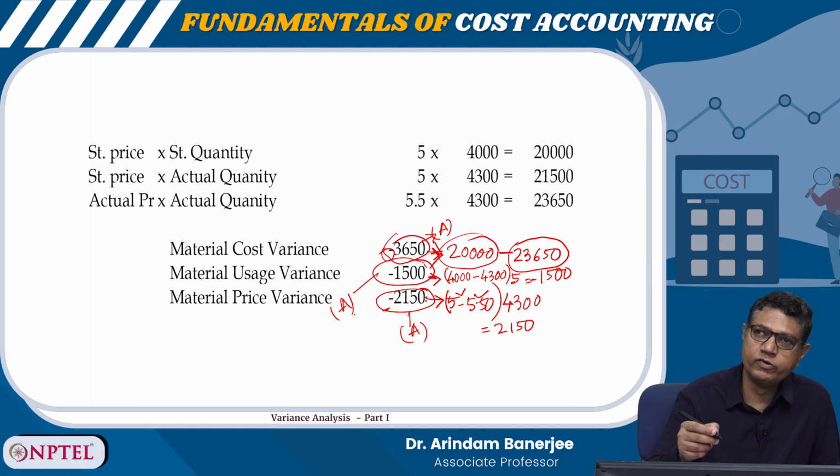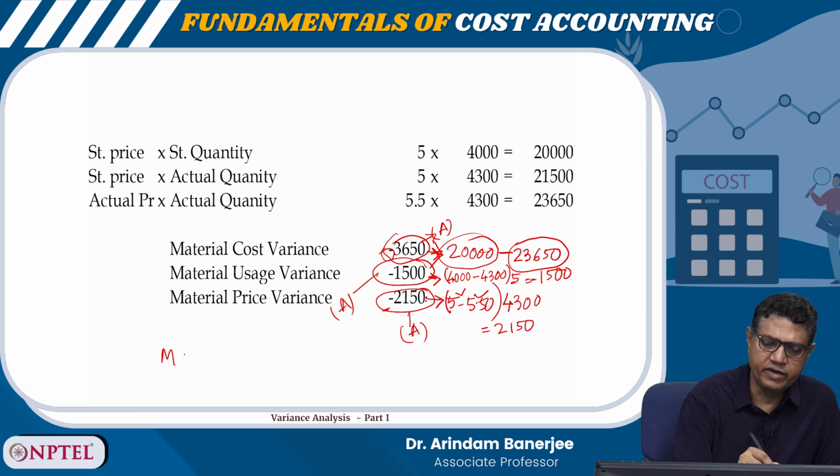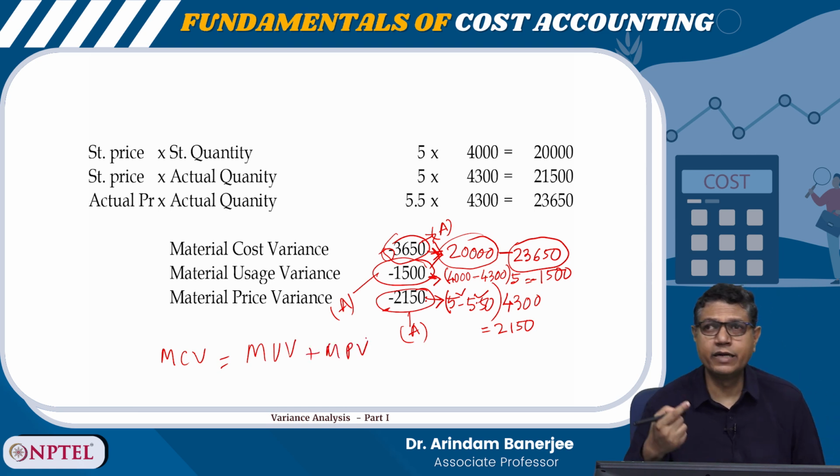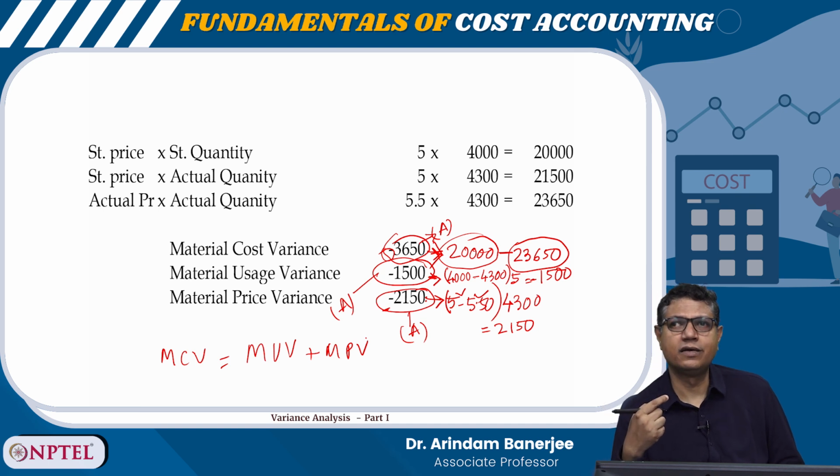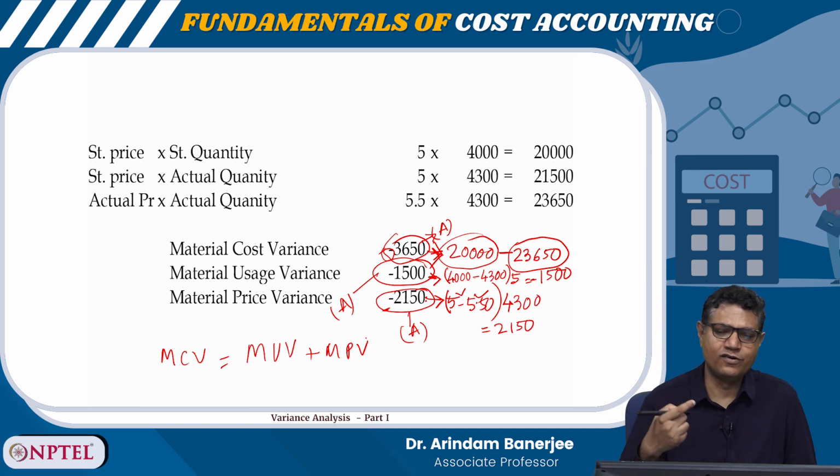Now, one thing you may observe here is that MCV, material cost variance, is equal to material usage variance plus material price variance. So you can check whether your calculations are going correctly or not.